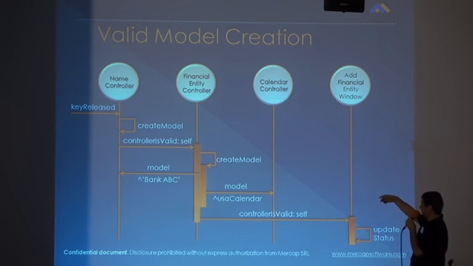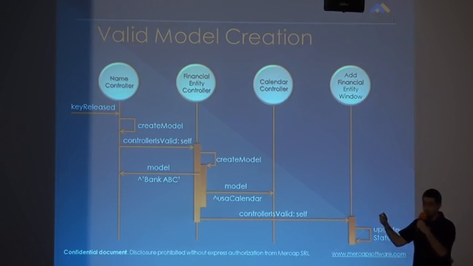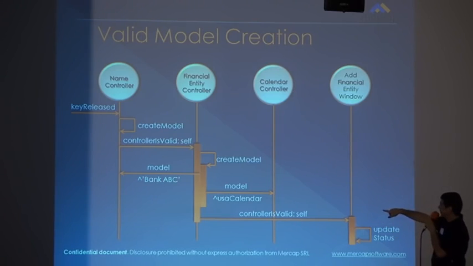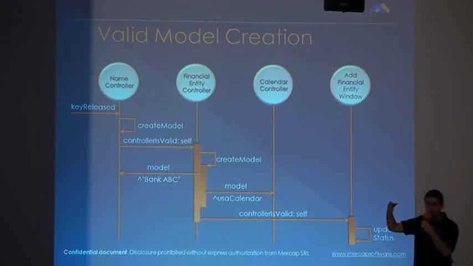At this point, the financial entity controller has all it needs to create its model. So again, it notifies its parent that it has a valid model. We found it useful to have the window as parent of the main controller of the window, for example, to update the status view.